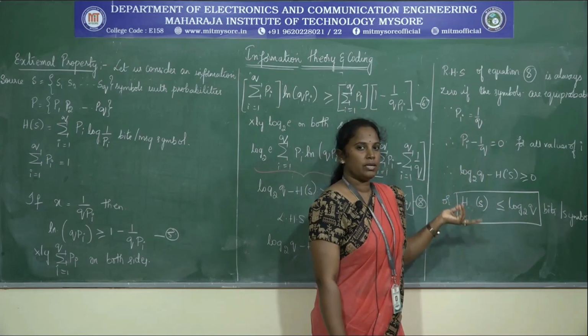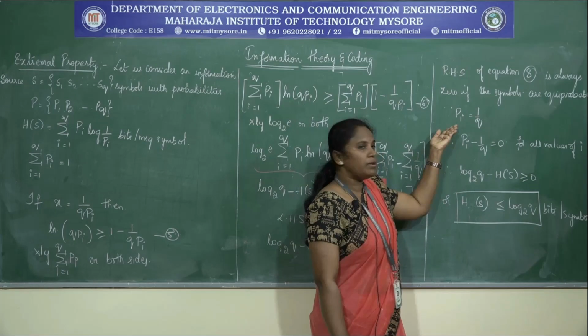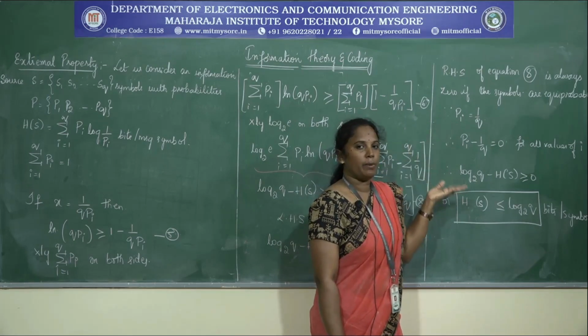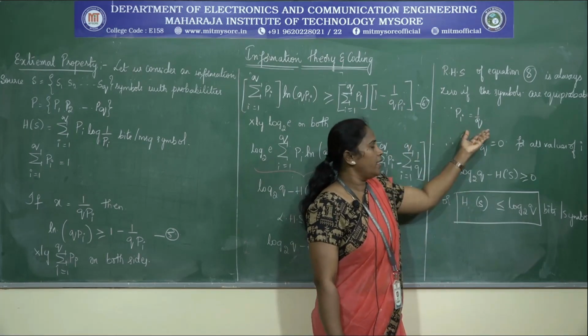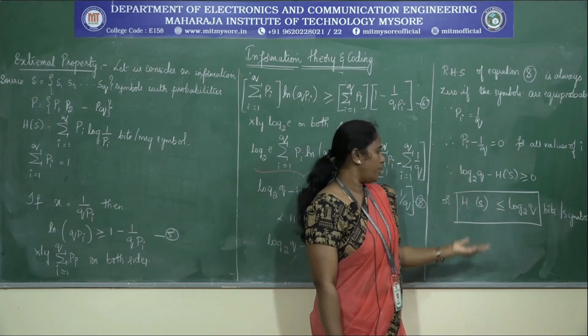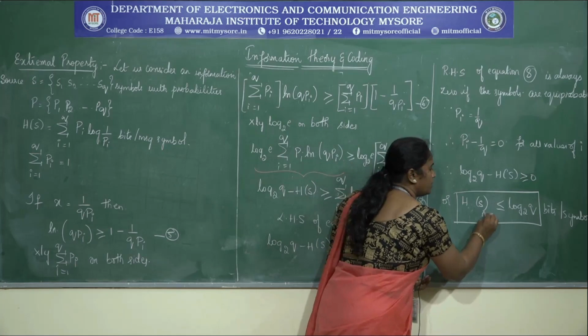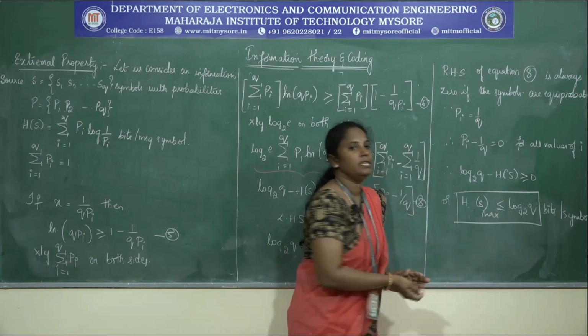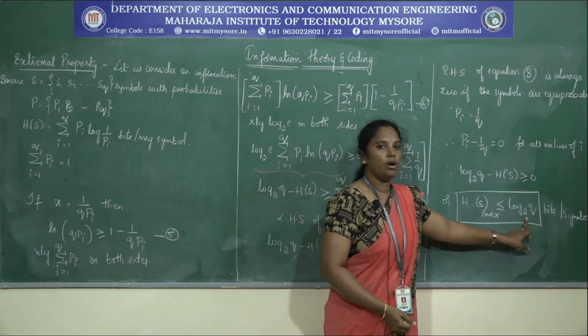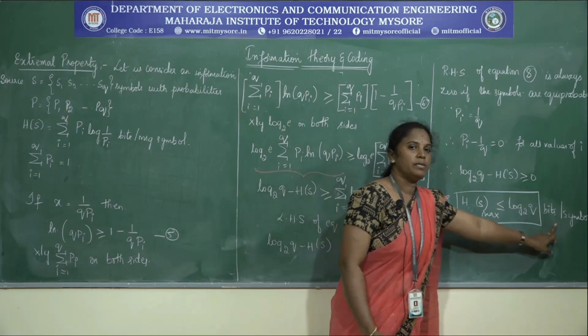That means if the probabilities are equal, then we attain the maximum value, that is H of S will be maximum. So H of S maximum is less than or equal to log base 2 of q bits per symbol.